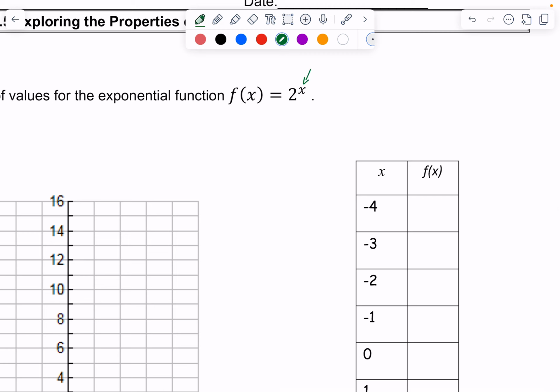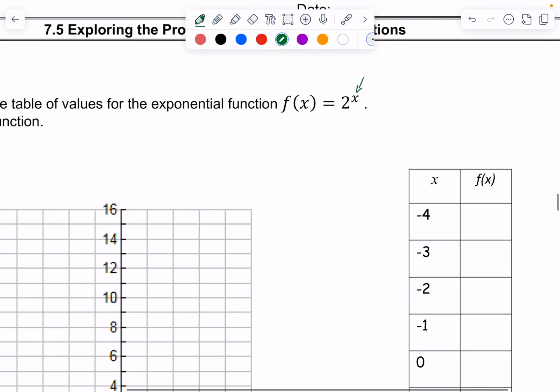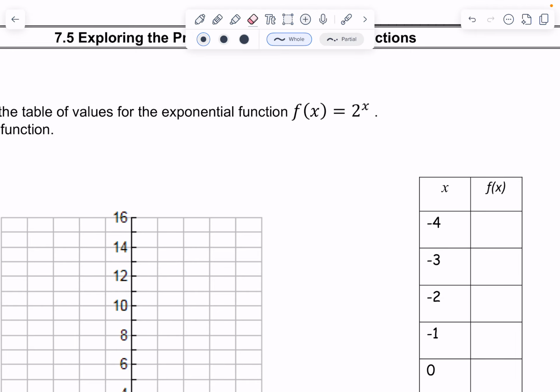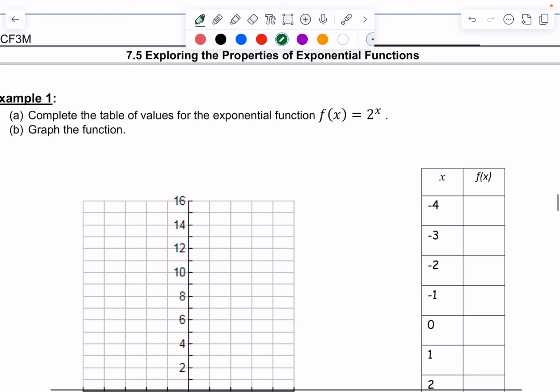If you think about everything else we've done, we've had sine x, we've had x squared or y equals 3 times x squared or 3 times x. This is a linear equation. Really, the main difference now is that you have the variable up top in the exponent, like this is me saying 2 to the power of x.